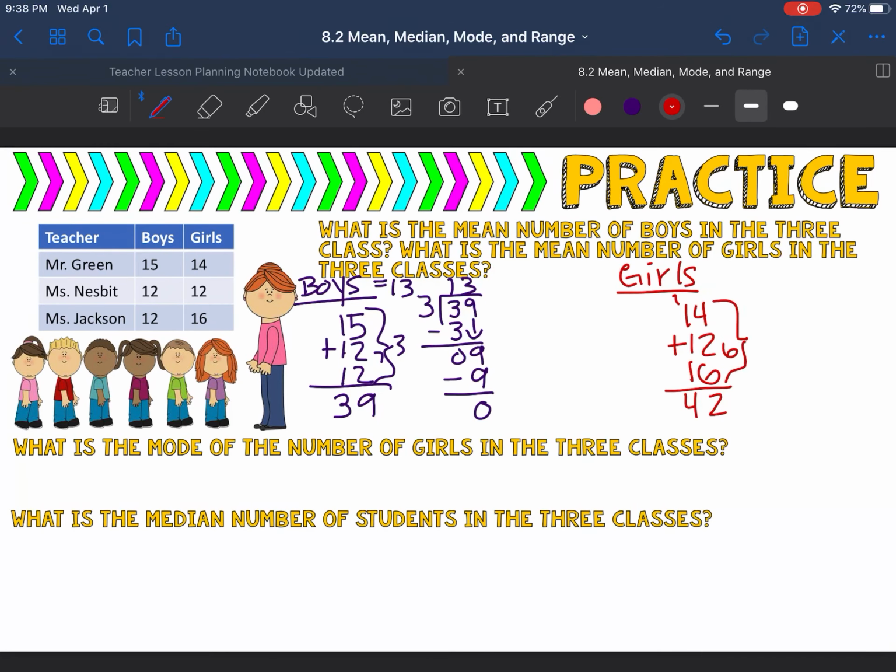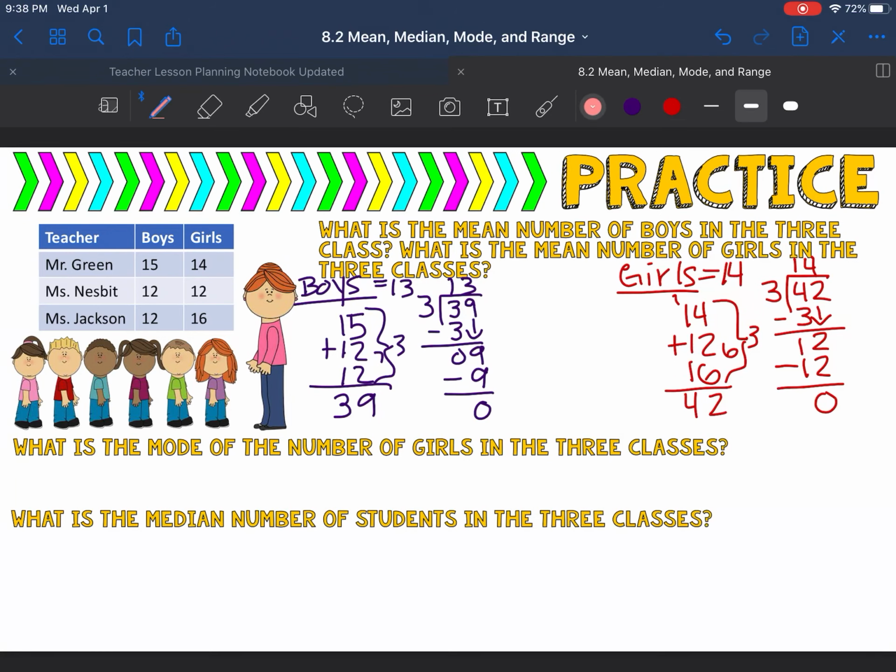Now, once again, there are 3 numbers here. So that means I need to take 42 and divide it by 3. 3 goes into 4 one time. 1 times 3 is 3. 4 minus 3 is 1. Bring down the 2. 3 goes into 12 4 times. 4 times 3 is 12. 12 minus 12 is 0.